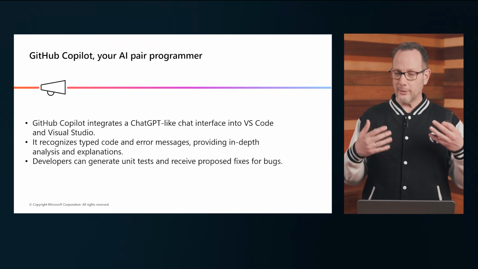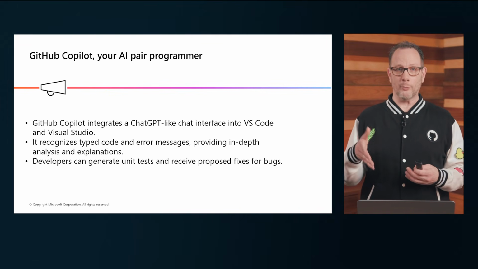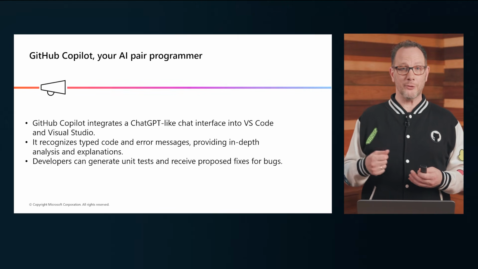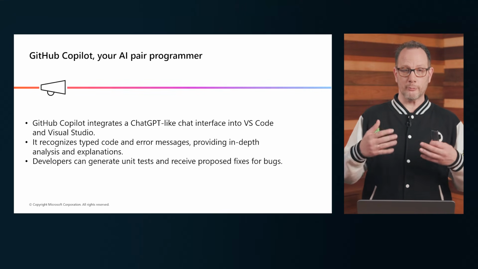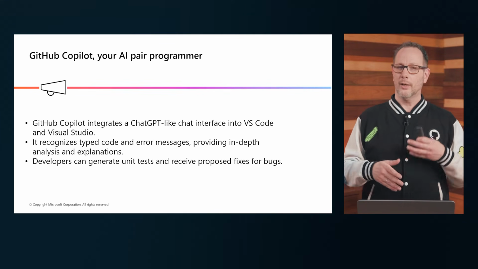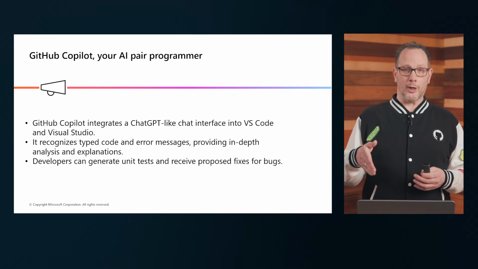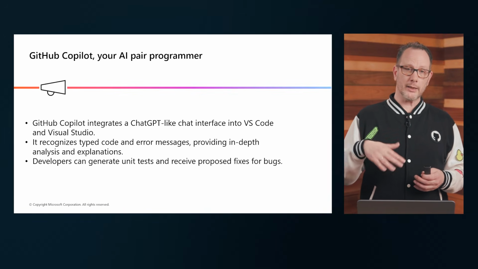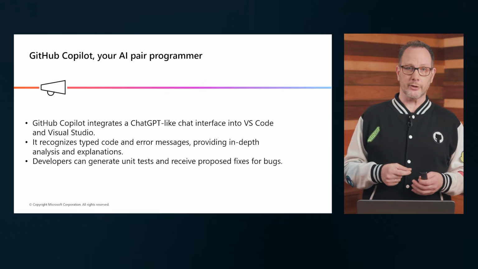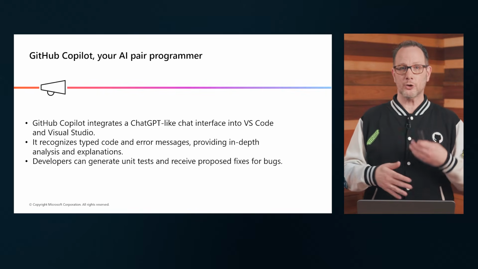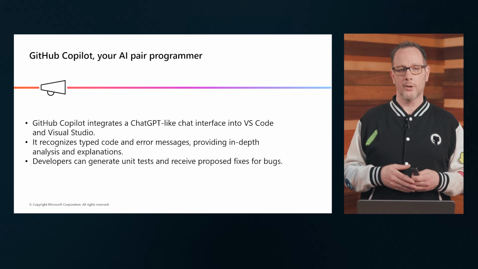One specific powerful aspect is GitHub Copilot's ability to generate unit tests and propose bug fixes. When you give it the right prompt, it can analyze your code for edge cases or give you opportunities to harden the implementation.